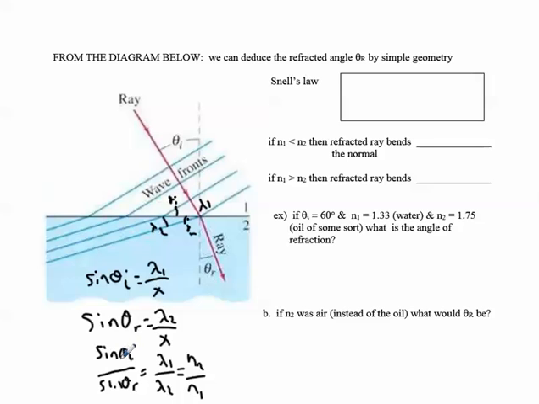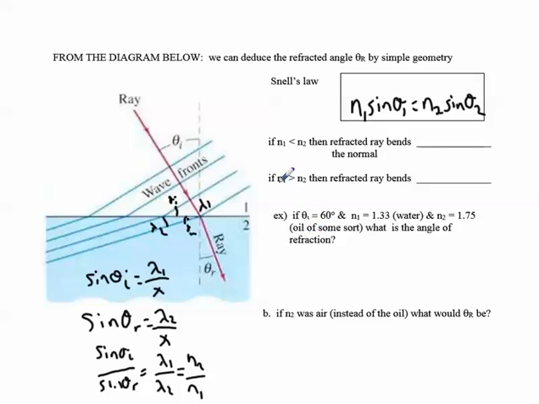So we see a nice important relationship: the ratio of the sines of the incident and refracted angles is equal to the ratio of the two indices of refraction. Put another way, we can write this as n1 sine theta 1, usually the incident angle, but really the angle in the medium in which you're starting, equals n2 sine theta 2. And again, n2 is the medium in which you're entering, and theta 2 is the second angle, which is generally the refracted angle.